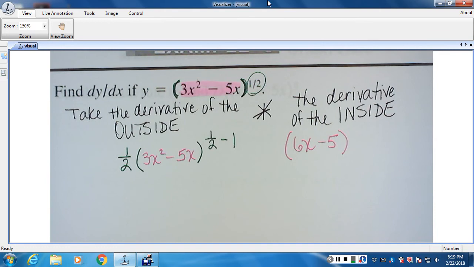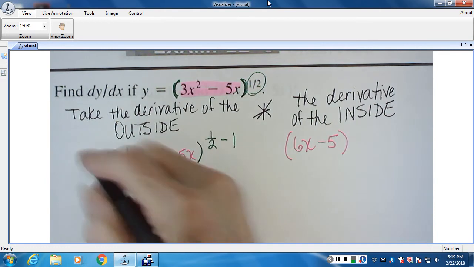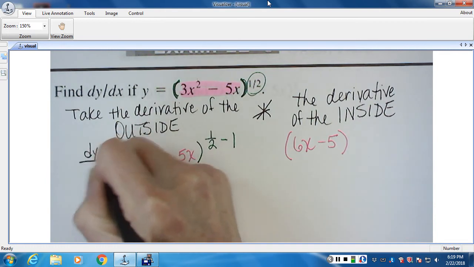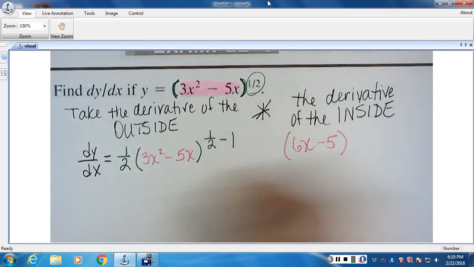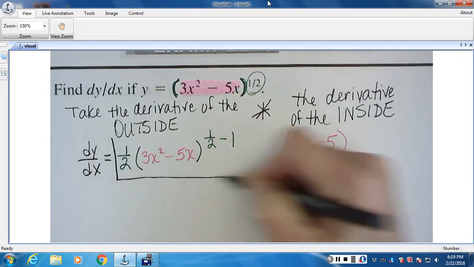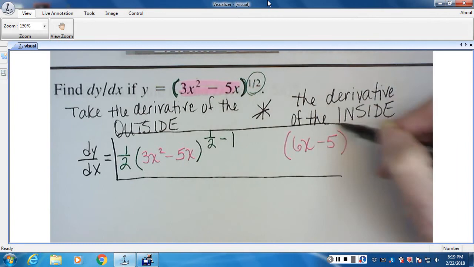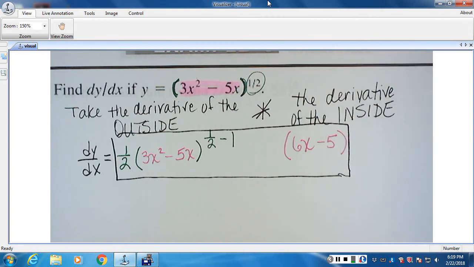Now, at this point, what you have is dy dx. It is that product. I didn't clean it up or anything yet. I didn't go ahead and do the little things like say 1/2 minus 1 is negative 1/2, but that's what it is. Okay?